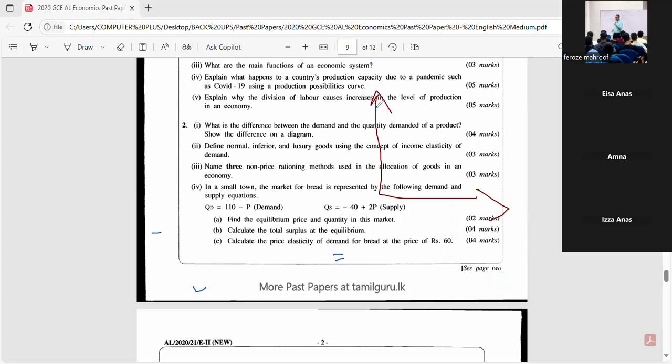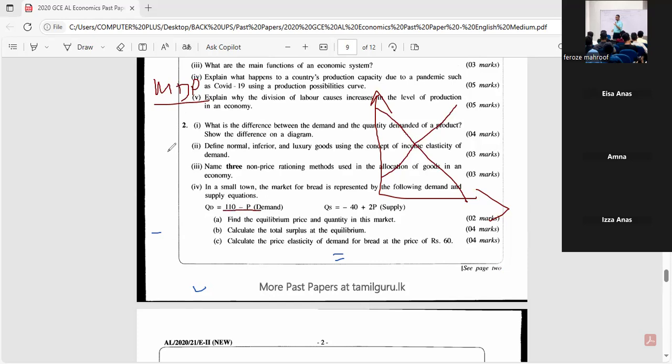A rough diagram, just a normal demand curve and a normal supply curve. And maximum demand price you have to find out. When you calculate the consumer surplus, maximum demand price is the first thing you have to do. So maximum demand price is where QD is equal to 0.